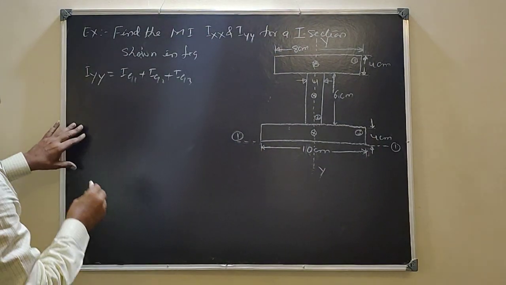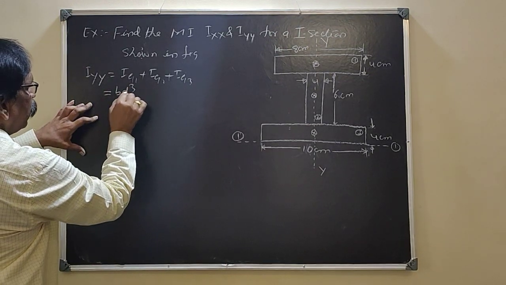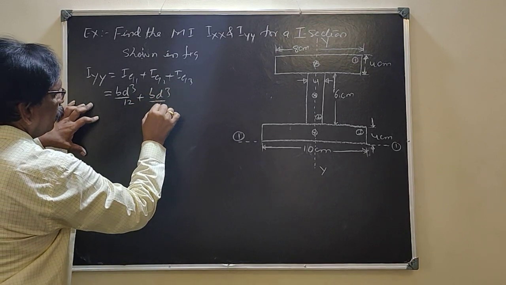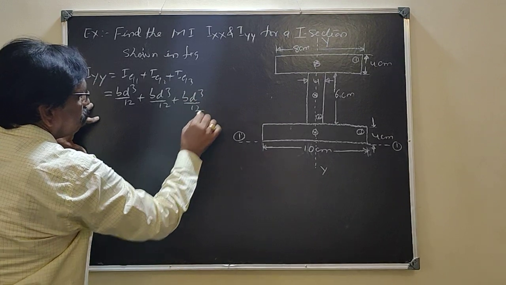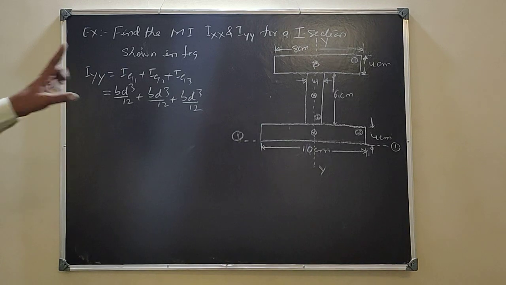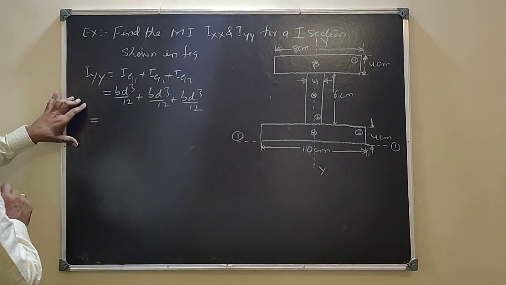So now the formula is BD cube by 12 plus BD cube by 12 plus BD cube by 12. As it is a combination of rectangles, for which the moment of inertia about its centroidal axis, we know the formula is BD cube by 12. Now for every rectangle you will have to substitute the corresponding values.